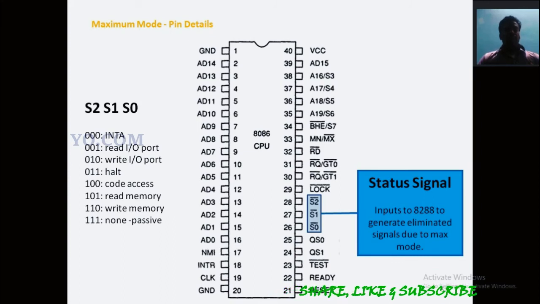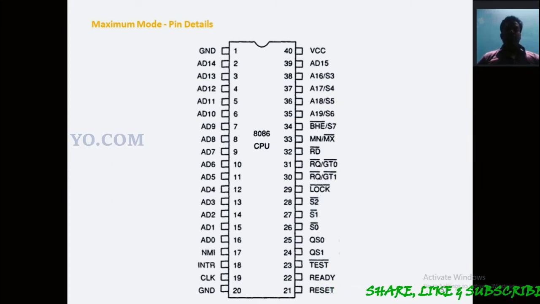This is a maximum mode pin, used to indicate the status of the microprocessor.